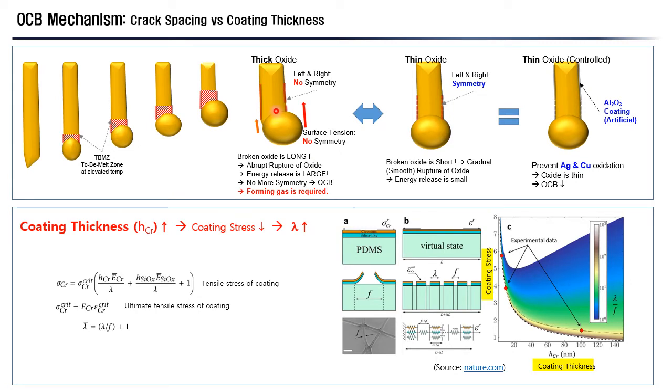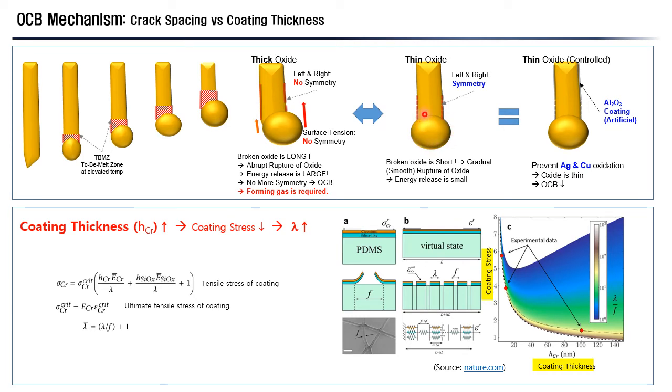But anyway, when thickness of oxide is very thin, there is little interference with a molten ball surface tension, so there is a stability going on.